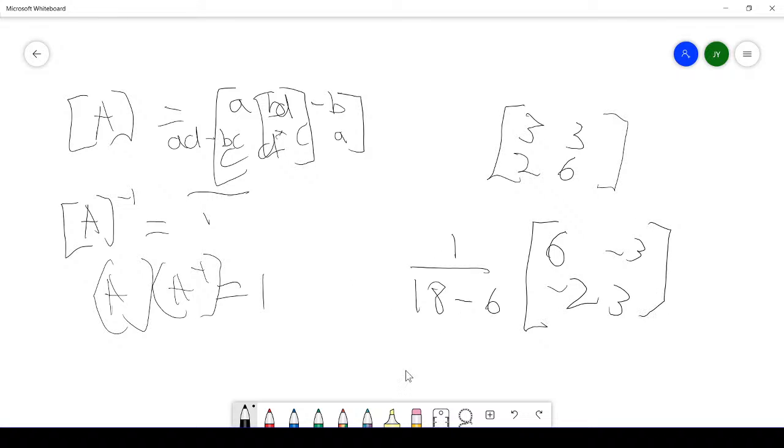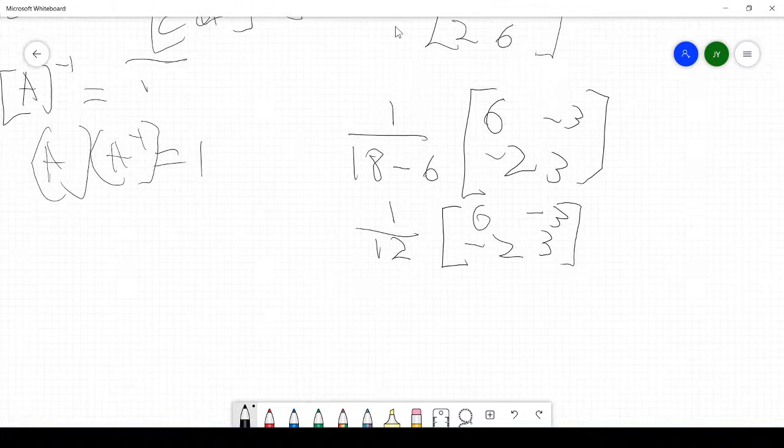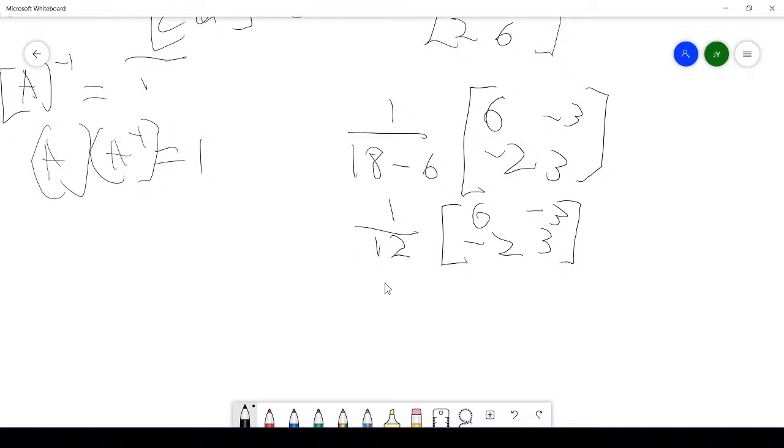This 18 minus 6 is equal to 1 over 12. So you multiply everything in here by 1 over 12. So this becomes 1/2. This becomes -1 over 4. This becomes negative 1 over 6, and this becomes positive 1 over 4.